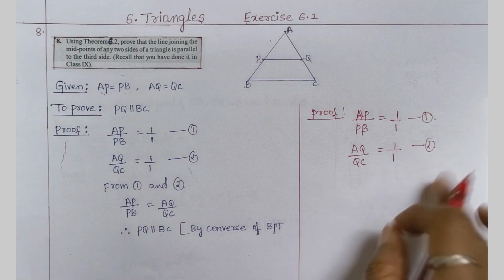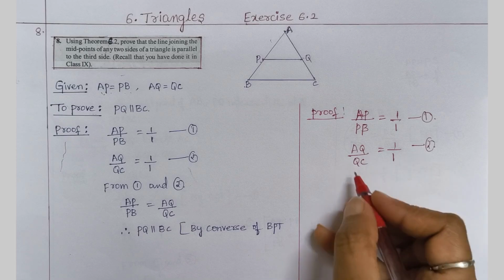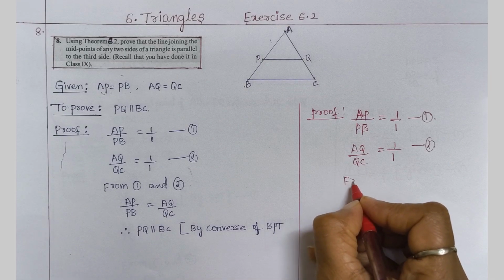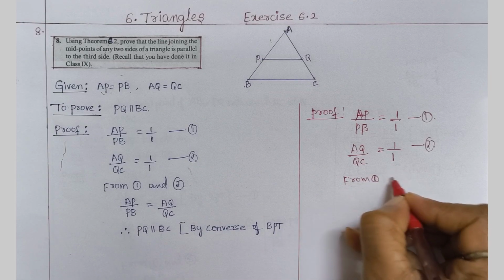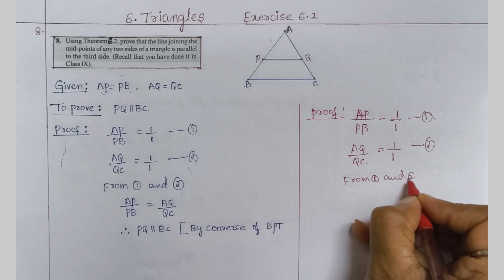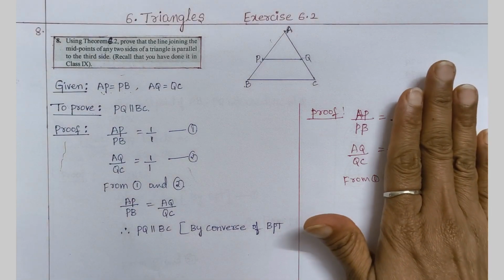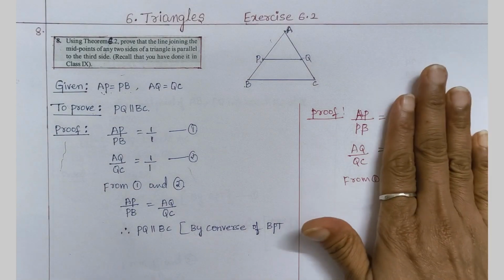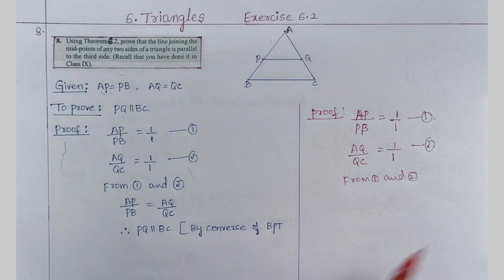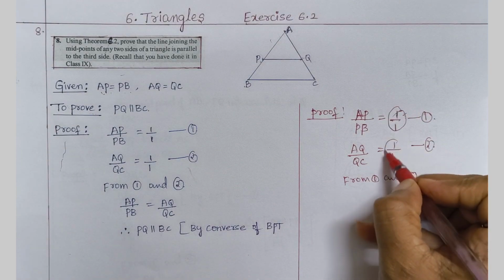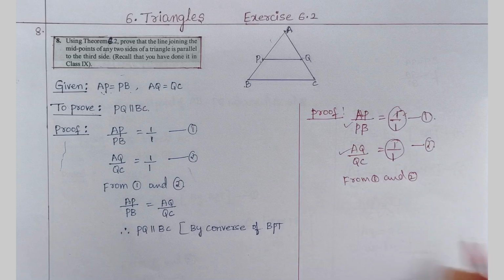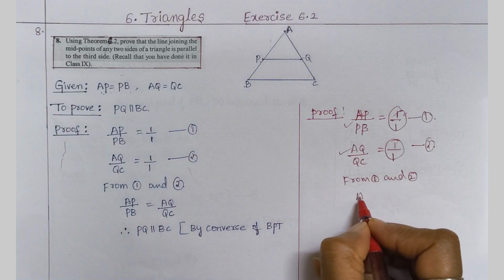Okay. Now see, from equation 1 and 2, what will you get? Now you observe the right hand side: 1 by 1, 1 by 1, the same. Right hand side is the same means automatically the left hand side is equal. Equal means what will we write?